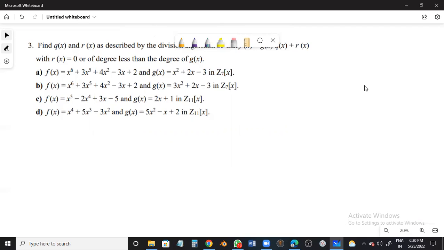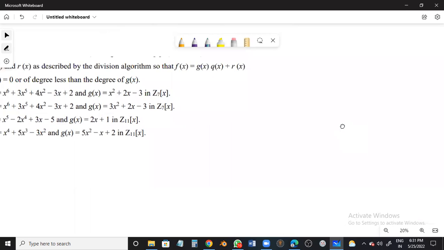What is the condition on the remainder? The remainder can be either 0, or if it is non-zero, then its degree will be smaller than the degree of the divisor. That's all. So I hope you are ready now for division.